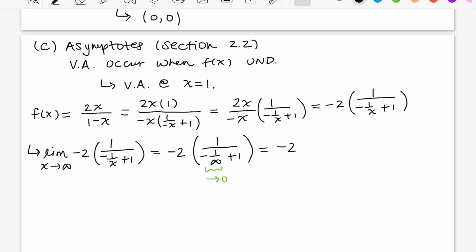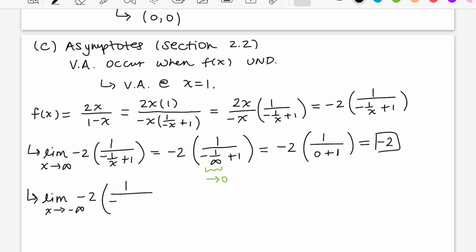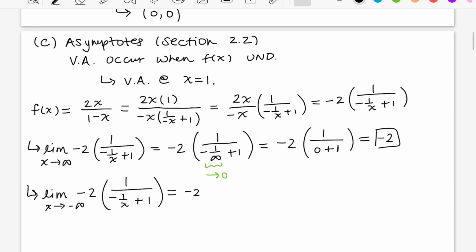So we end up with this here. All right, so that'll be negative 2 times 1, so we'll get negative 2 here. Similarly, if we want to look at the limit of our function as x approaches negative infinity, we'll do the same thing here.